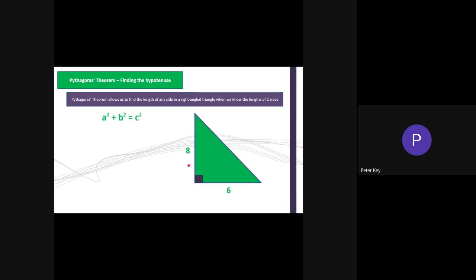Now, this is the formula we use. So it's a squared plus b squared equals c squared. C squared is your hypotenuse. Now a squared, and b squared.